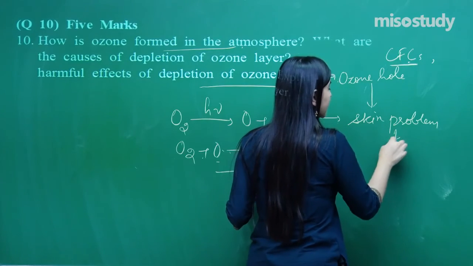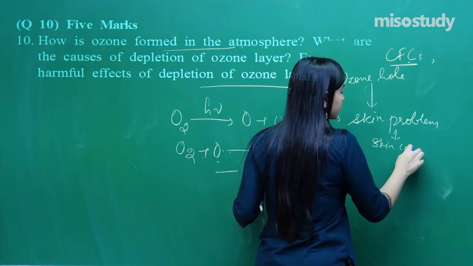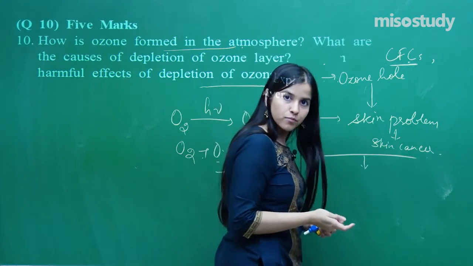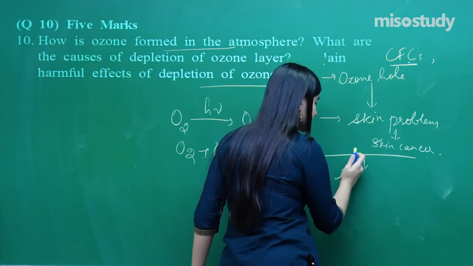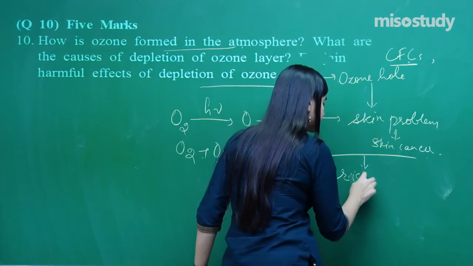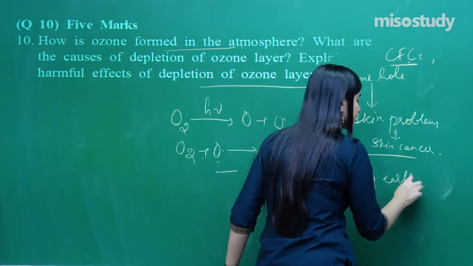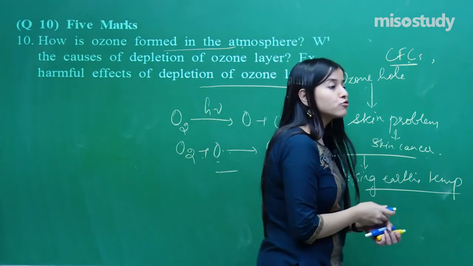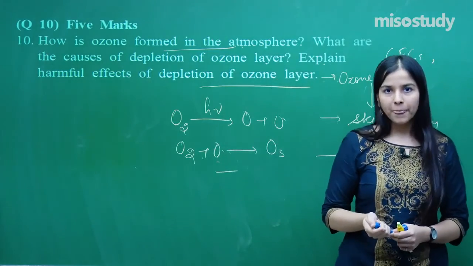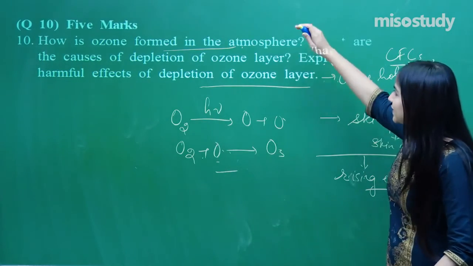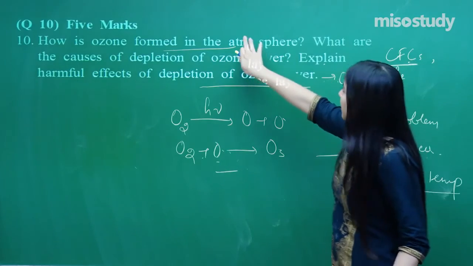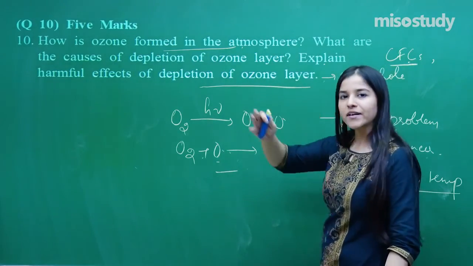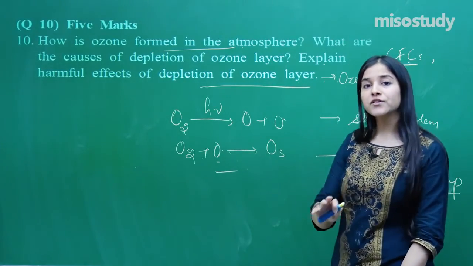Major is skin cancer, and not just this, but we have other problems, like the rising temperature of the earth, thereby again leading to so many problems on the earth. Clear? Okay. So I hope everybody is able to write it in 5 marks, 2 marks will be allotted to this, 1 to this and 1 to this, right, and that is how you can divide. Clear? So you need to write it properly.